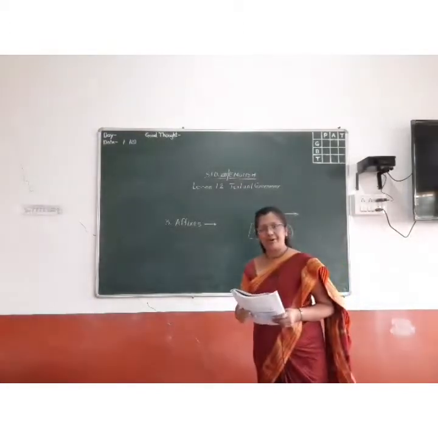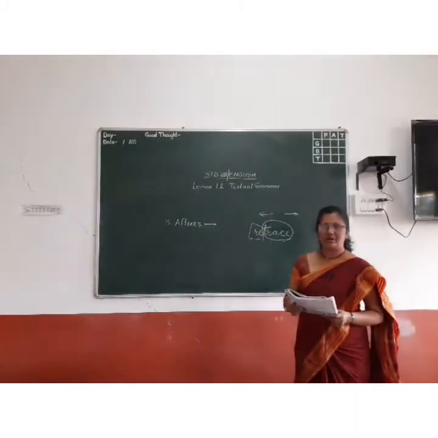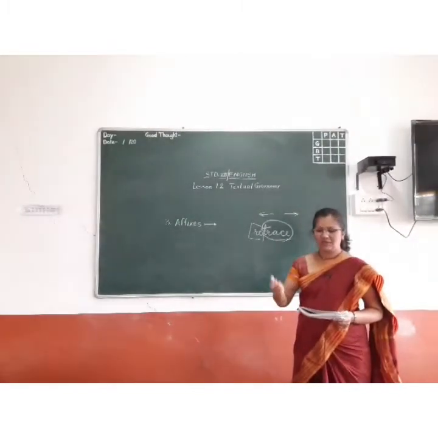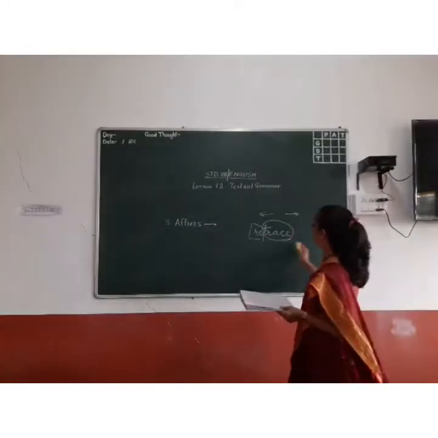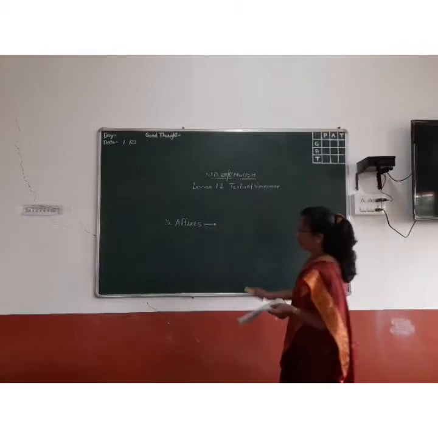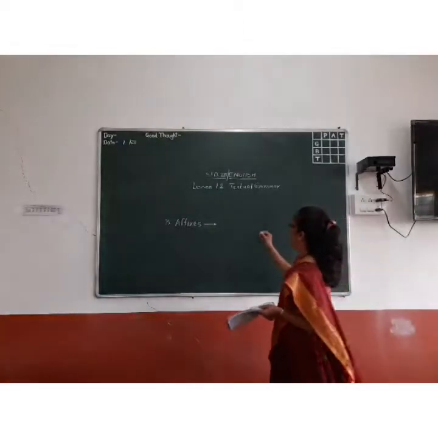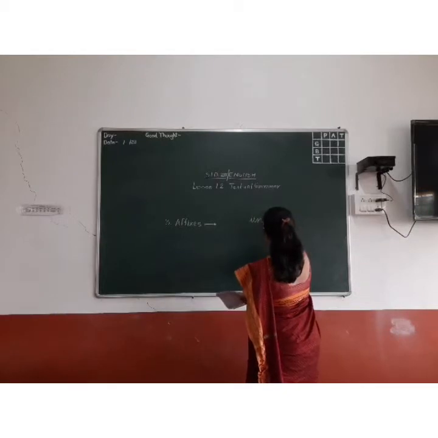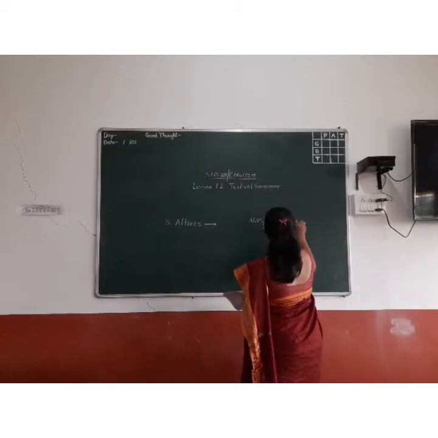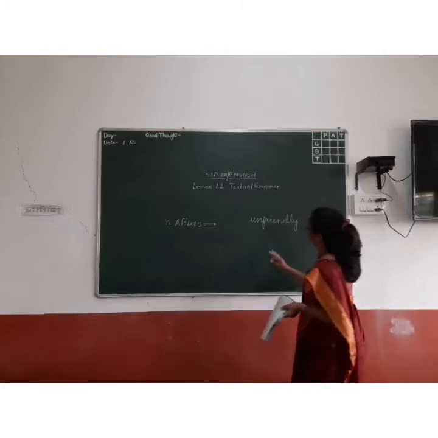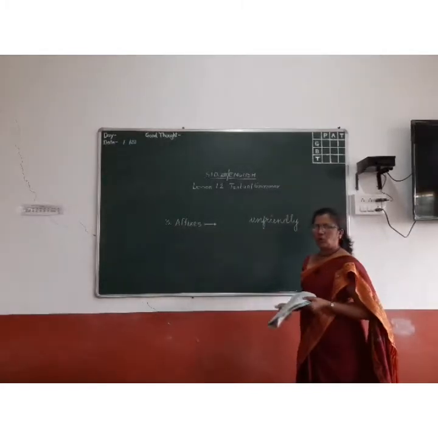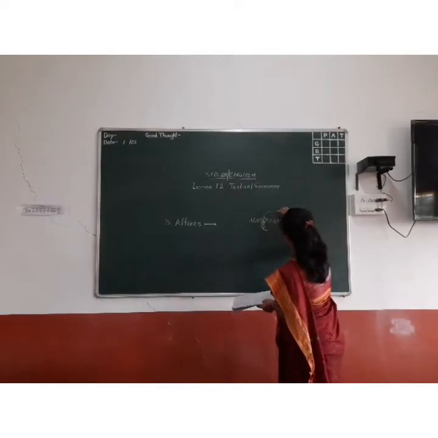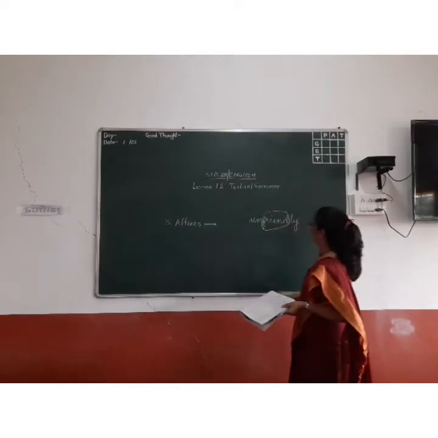Next, unfriendly, fifth number. The root word is friend and here one twist is there for you. Check out here the word unfriendly. These types of words are very interesting to study. Practice this type of words. Now see unfriendly. What can be the root word in this? The root word is friend only.